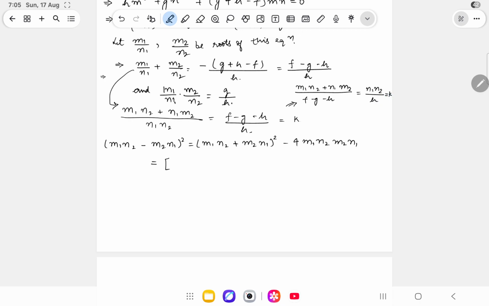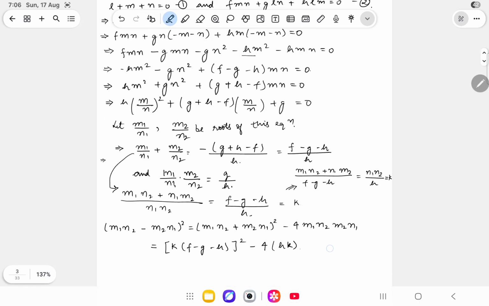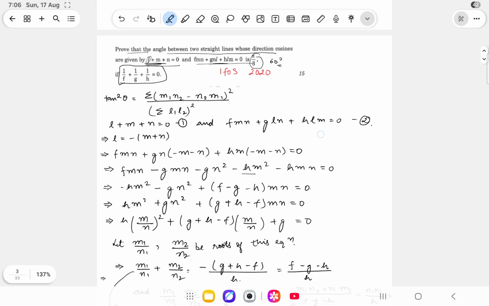So from here I can get the value of m1 n2 plus n1 m2, which is k times f minus g minus h, square, minus 4 times n1 n2, whose value is hk, and m1 m2, whose value I'll get as gk.